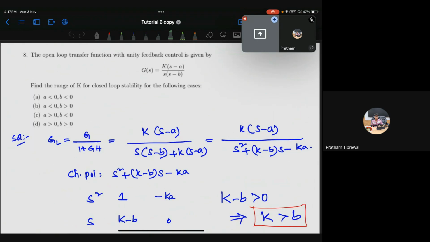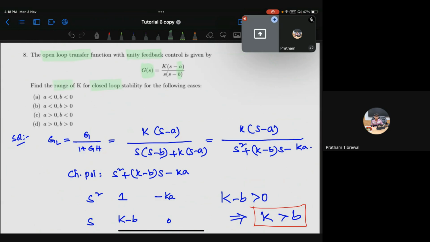Next, the open loop transfer function is given to you for unity feedback. Now this open loop transfer function has two constants, one is a, another is b. You want to make your closed loop system stable.